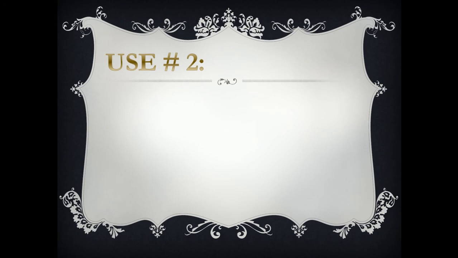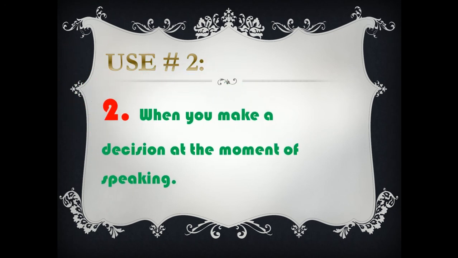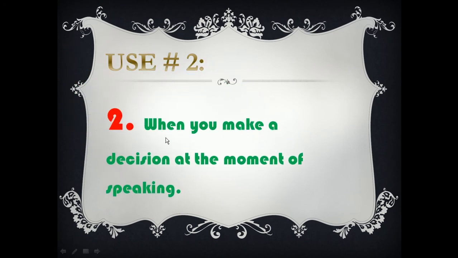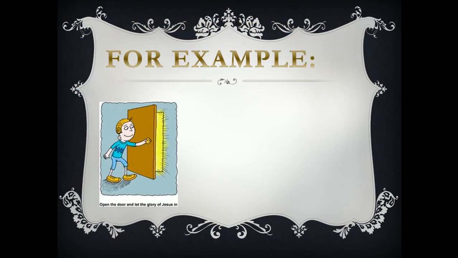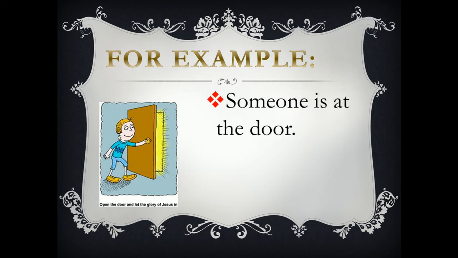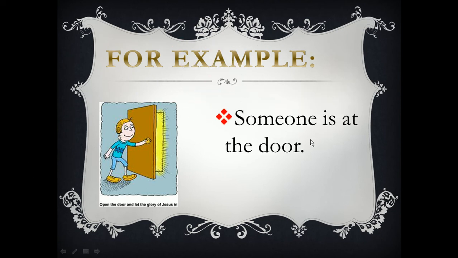Use number 2. Here we got when you make a decision at the moment of speaking. For example, we got the image and it says, someone is at the door.